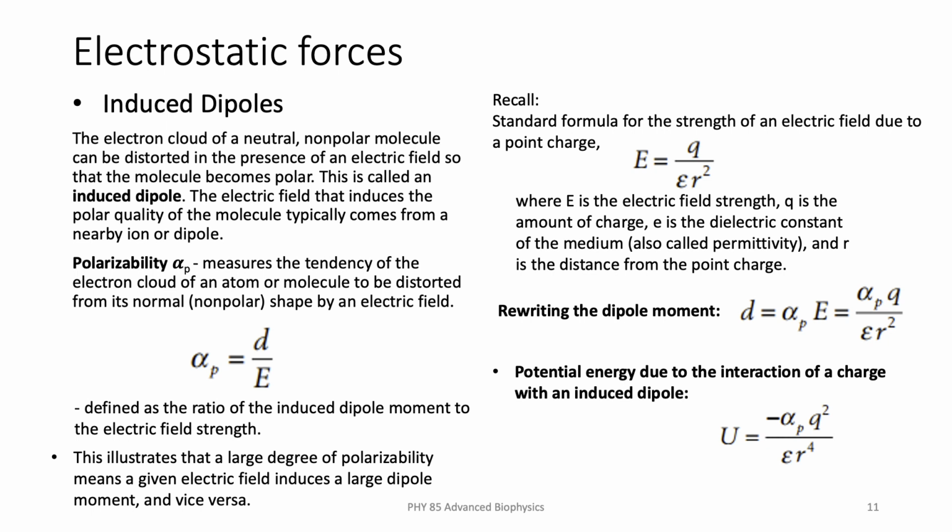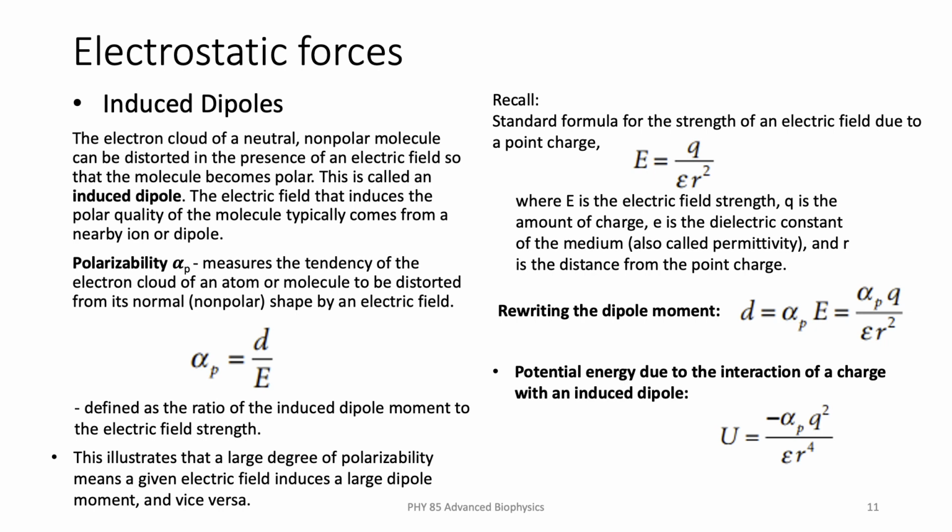We can measure the tendency of the electron cloud of an atom or molecule to be distorted from its normal nonpolar shape by an electric field. We call this measurement polarizability, alpha sub p, defined as the ratio of the induced dipole moment to the electric field strength.